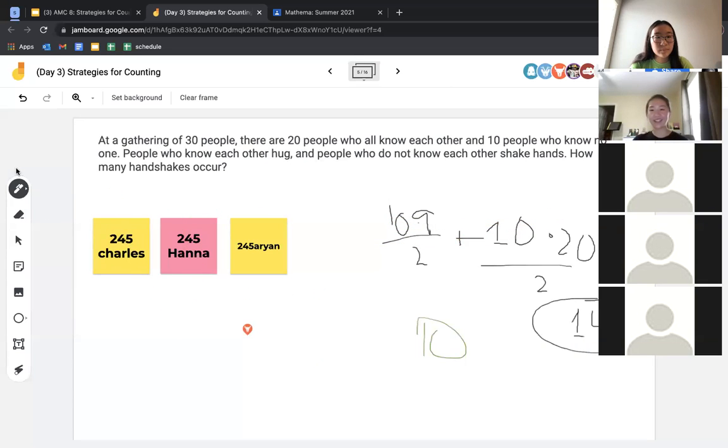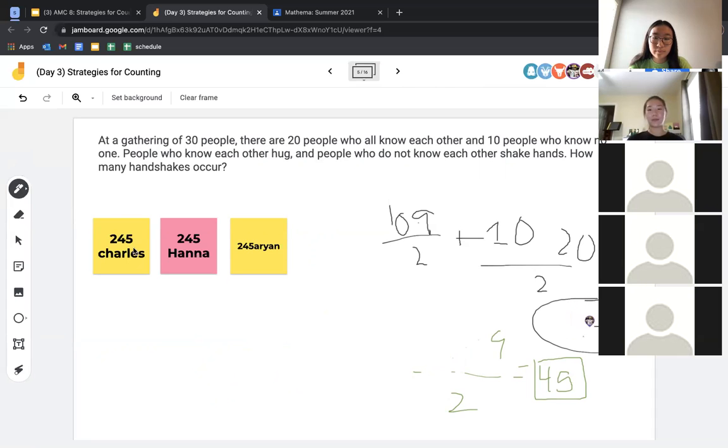Okay, so you do 10 times 9 divided by 2. So then you get 45, right? And this is within the group of people that don't know anybody. And then each of the 10 people that know no one will also shake hands with the 20 other people in the other group, the group that all know each other.